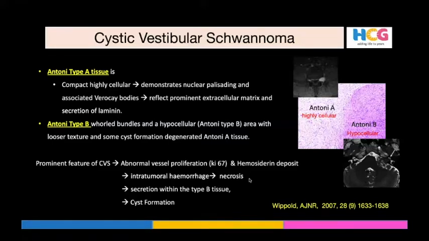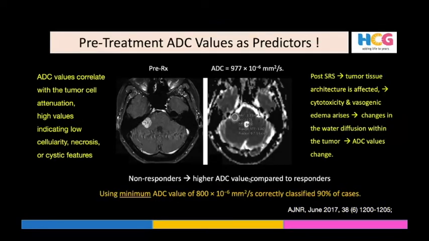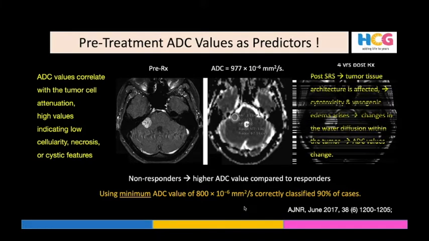This is the basic mechanism as to how the cyst evolves. We can also look into the ADC values, the apparent diffusion coefficient. As I said earlier, non-responders have higher ADC values compared to responders. Using a minimum ADC value of around 810 × 10^-6 currently classifies 90% of cases whenever we do radiosurgery.